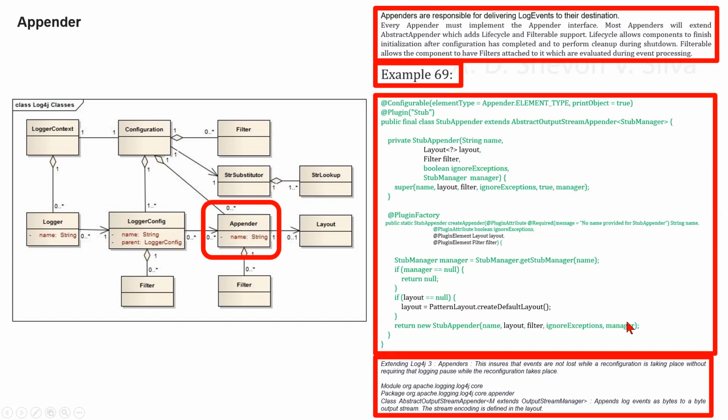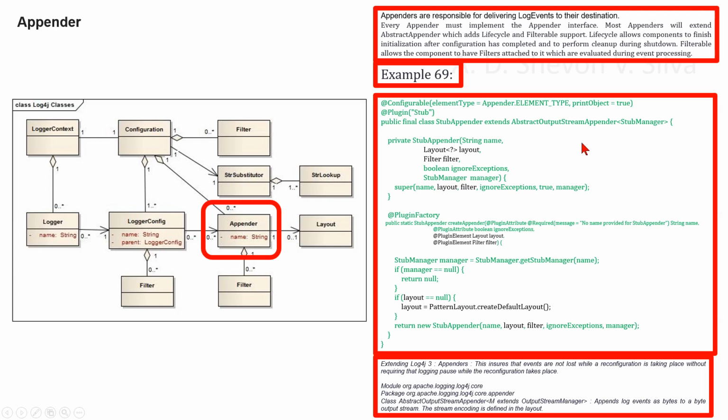Now we are considering extending Log4j 3 appenders. This ensures that events are not lost while the configuration is taking place, without requiring that logging pause while reconfiguration takes place. Class AbstractOutputStreamAppender<M extends OutputStreamManager>, in package org.apache.logging.log4j.core.appender, in module log4j-core, appends log events to a byte-oriented output stream.